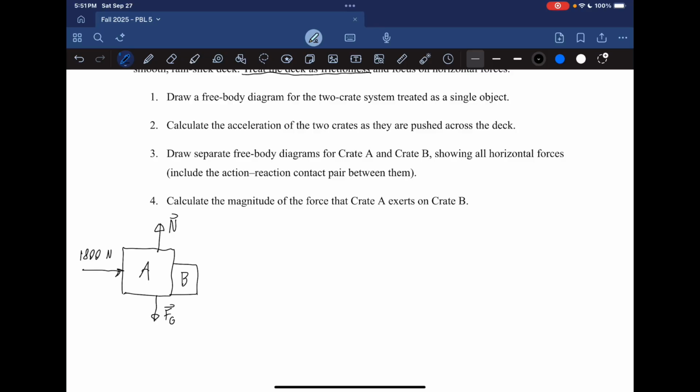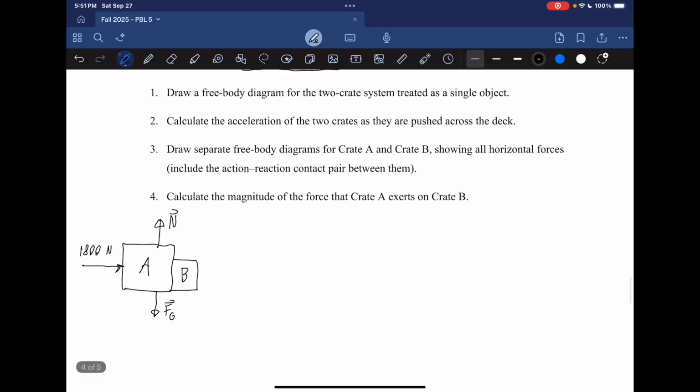So that's question 1. Question 2 asks us to calculate the acceleration of the two crates as they are pushed across the deck. The way we can do this is we can use F equals ma, and we know that the only force acting in the horizontal direction is that 1,800 Newton force. So this is equal to 1,800 newtons. We use the combined total mass here.